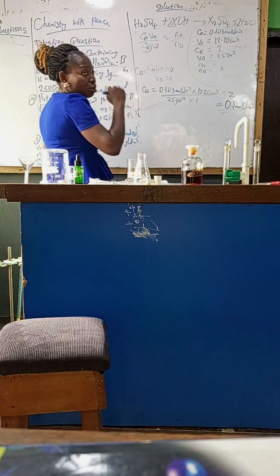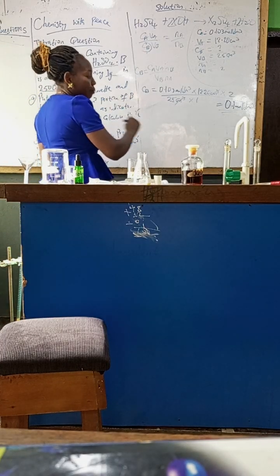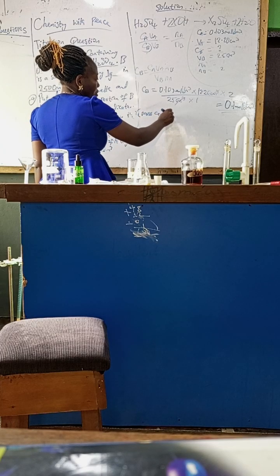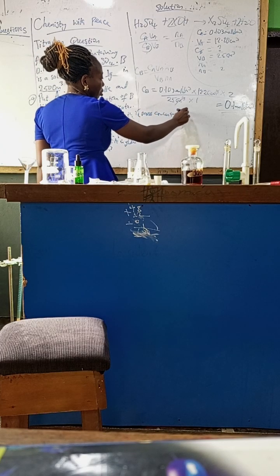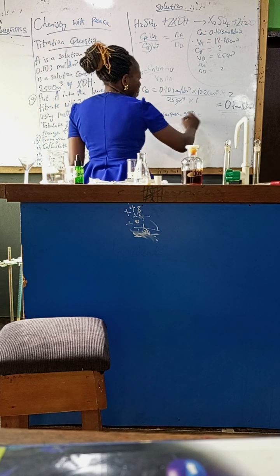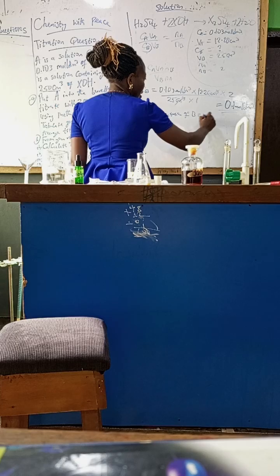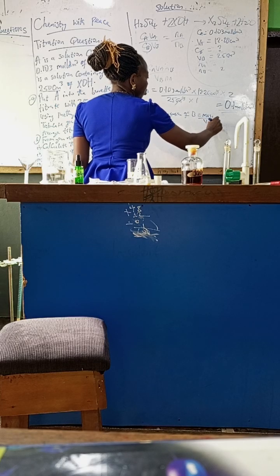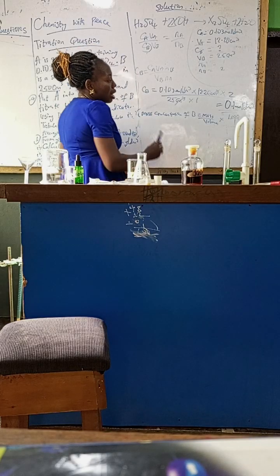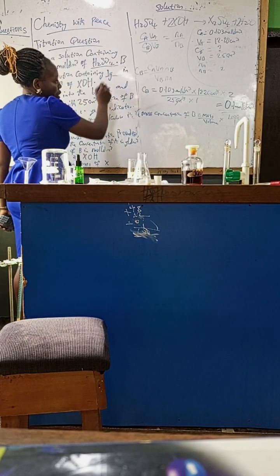So we are first of all going to find the mass concentration of B. Mass concentration of B by saying the mass over volume multiplied by 1000 over 1. And the mass given is what?